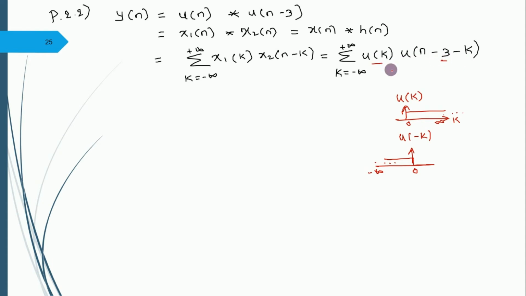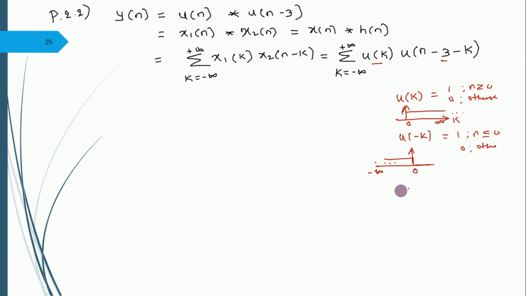Okay, so we will just go through it. Here, u of k is equal to 1 for k greater than or equal to 0 and 0 otherwise. That we know. Similarly, u of minus k, you know that it is 1 for k less than or equal to 0 and 0 otherwise.